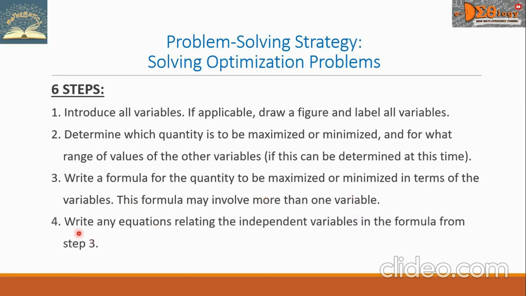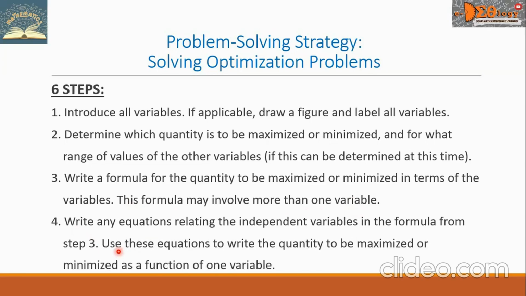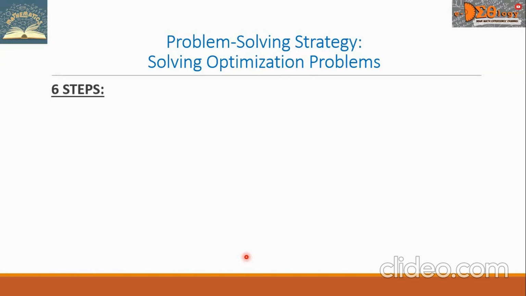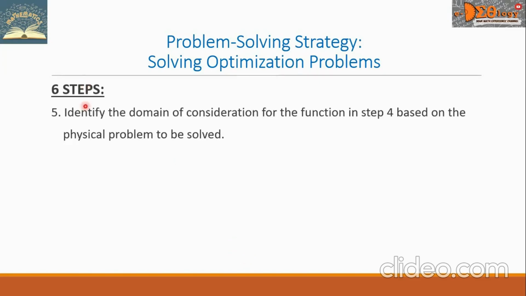Step 4. Write any equations relating the independent variables in the formula from step 3. Use these equations to write the quantity to be maximized or minimized as a function of one variable. Step 5.